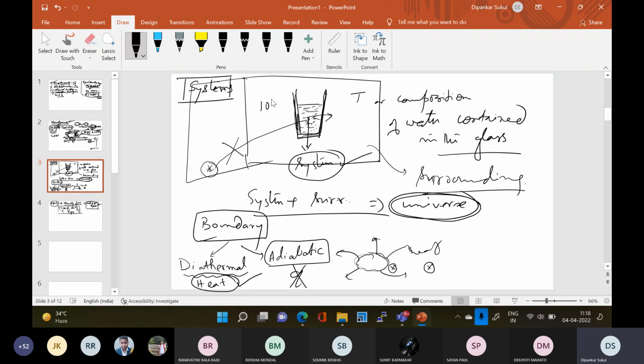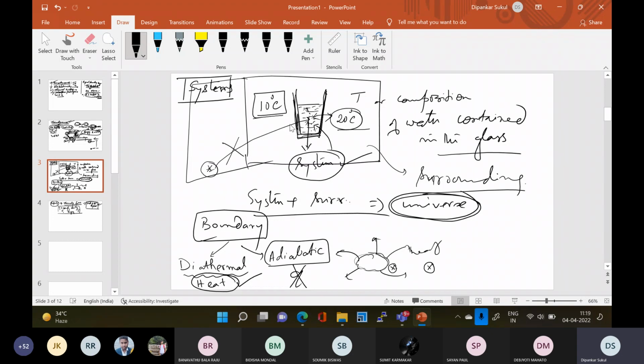Just in this example, suppose the temperature of the water contained in the glass is 10 degrees centigrade. It is in a particular state. Now, if you give some heat from outside, its temperature will increase, and let the final temperature be 20 degrees centigrade. Then I will say that now your system is in a different state.